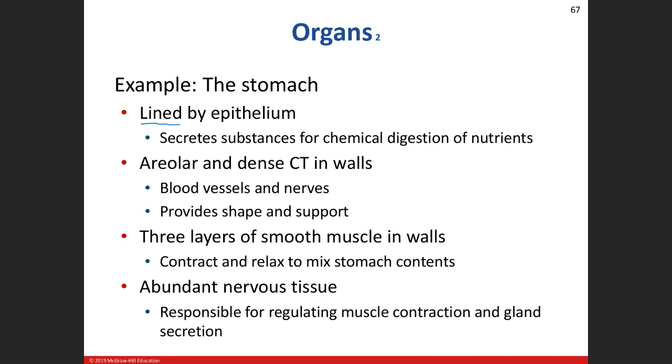Now deep to the epithelium, as you know, because epithelium sits on top of connective tissue, right underneath the epithelial tissue in our stomach we have areolar connective tissue. That's that loose connective tissue, and deeper to that we'll have some of that dense irregular connective tissue, because your stomach, because of its digestive properties, needs to absorb those nutrients. And where do we absorb them into?